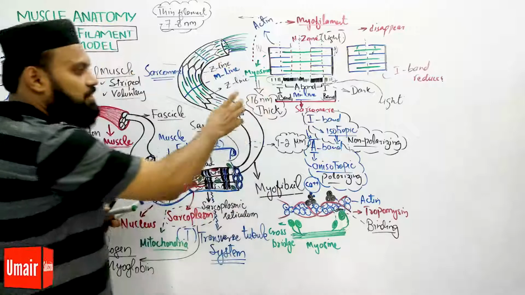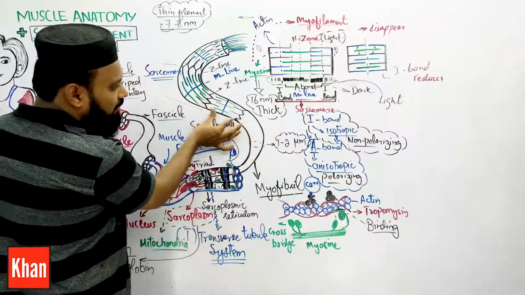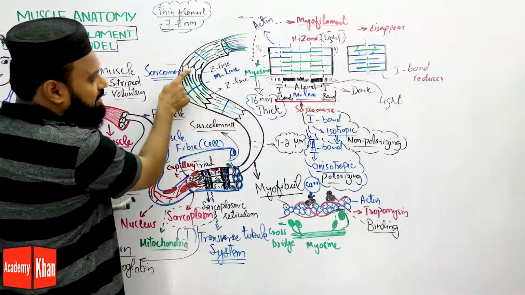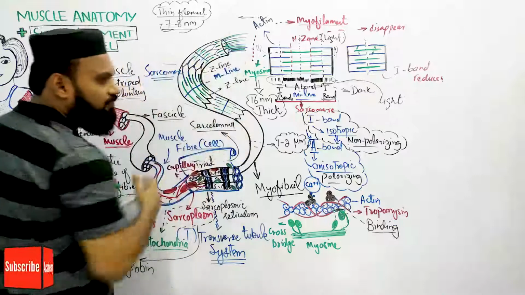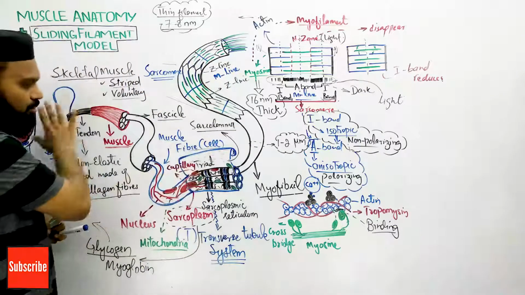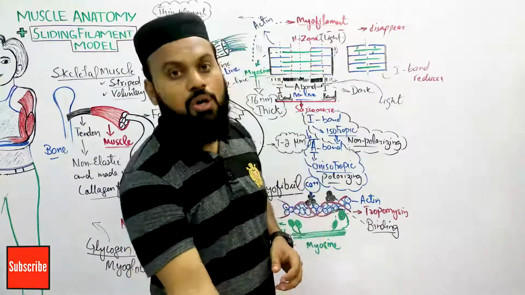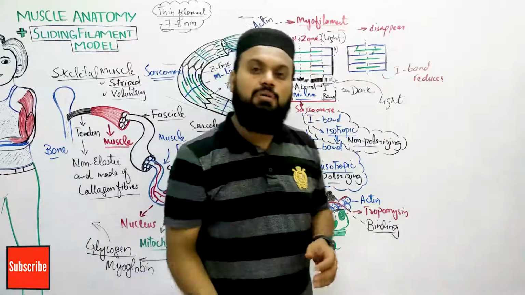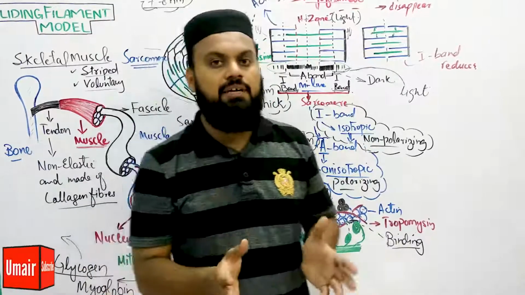It means that there is a change, and this change is felt in the fiber. All the fiber shrinks because these Z lines come closer. So the whole muscle fiber is contracted. This contraction or sliding of the filaments was given by two scientists, H. Huxley and A.F. Huxley.